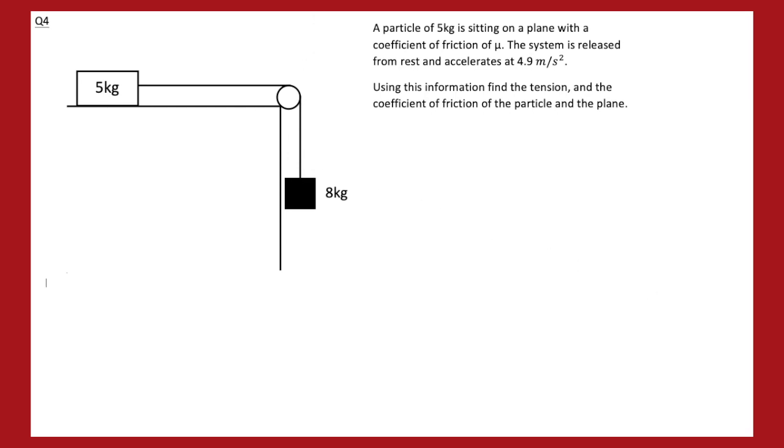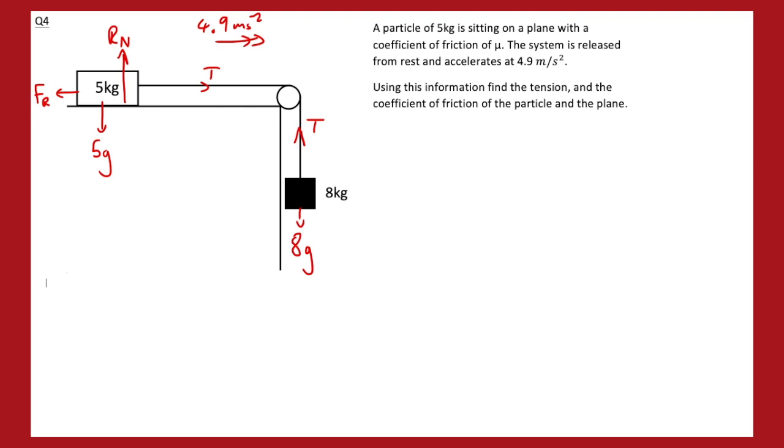Okay, so when we release this system from rest, it accelerates at 4.9 meters per second squared. The tension goes this way and this way. We have a force down of 8G, a force down of 5G, a normal reaction force this way, and a friction force this way.